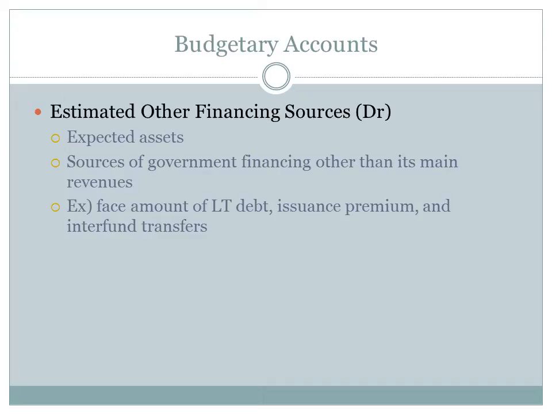And again, these expected financial resources or financial inflows are recorded as other financing sources instead of estimated revenues because of the governmental funds having a current financial resources measurement focus.